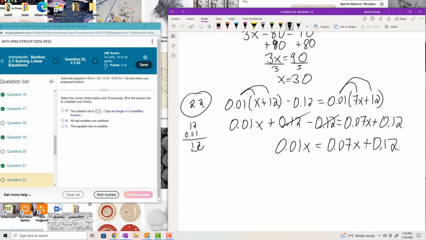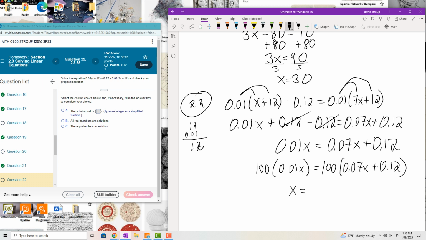I'm going to move the 0.07x to the other side. Or let's go ahead and multiply by 100 now. So I'm going to multiply both sides by 100. Okay, so 100 times 0.01 is 1, so this will just be x.